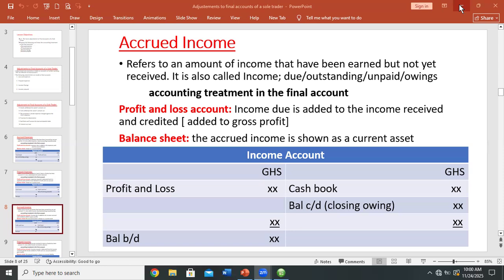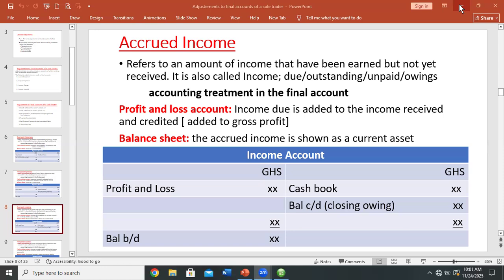A typical example would be a school that is expecting school fees from its students. If the school is preparing its account for the term, it will include all the school fees that have not been received as part of the fees for the term.